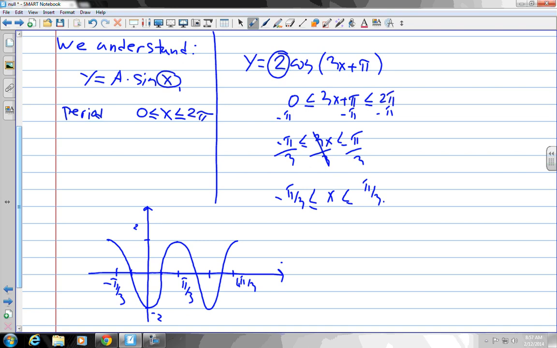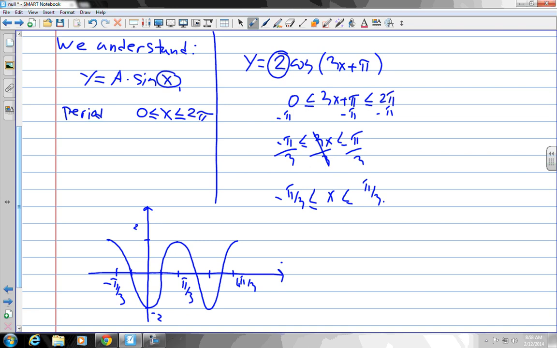That automatically will take care of the phase shift, and it will take care of the period, just by doing that. You don't have to separately find the shifting and then realize what the period is. You're just figuring out what that initial interval of the period is. And it'll take care of that.